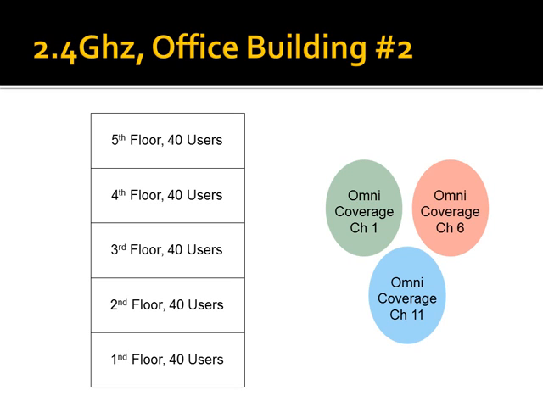I figure that's a combination that shows up somewhere in your plan. Then on the next floor, what would I do? Yeah, I might use 11, 1. I would honestly try just doing 1, 6 if I'm counting on the floors providing that isolation.